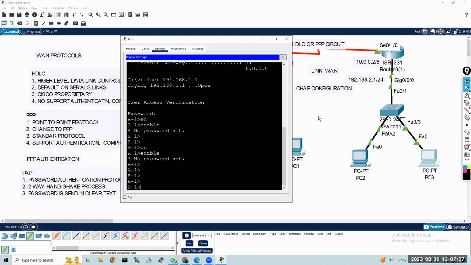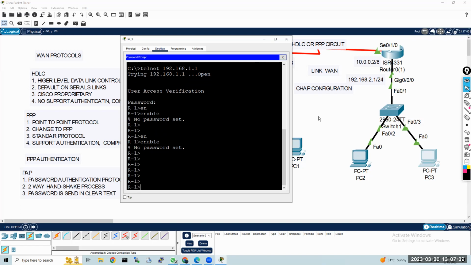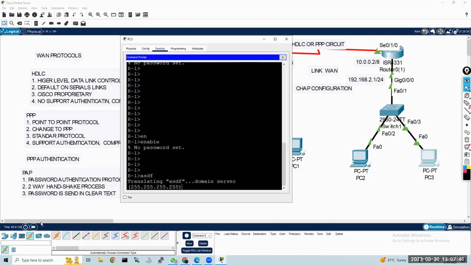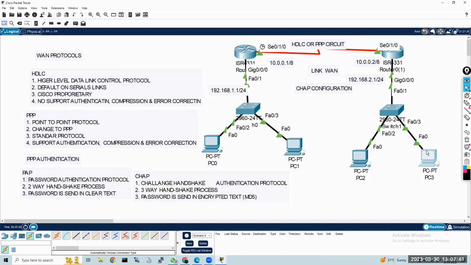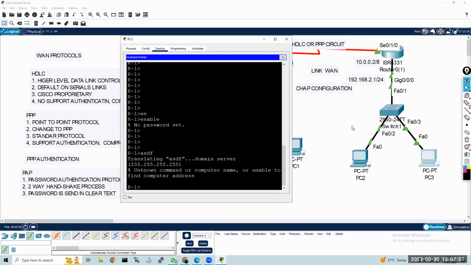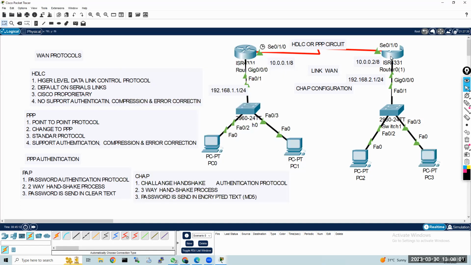See, no password set. Same thing for PAP also. If you change this password, they will not communicate.